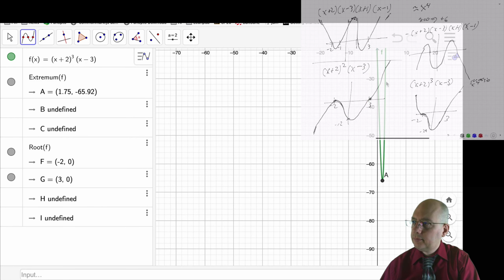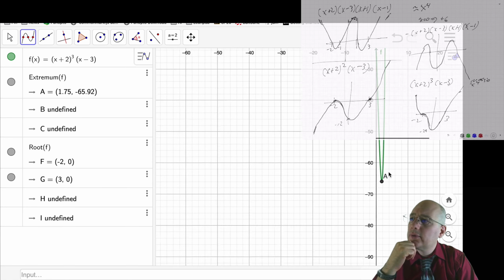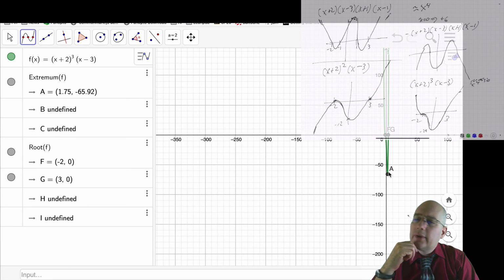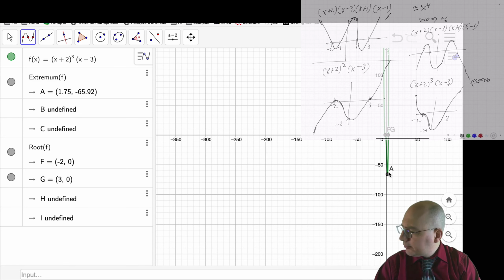And there's our minimum, which is getting quite large. As you add on extra factors, these things get larger and larger. So that's a little bit of factoring, and once you have the factors, it's kind of easy to sketch it out.